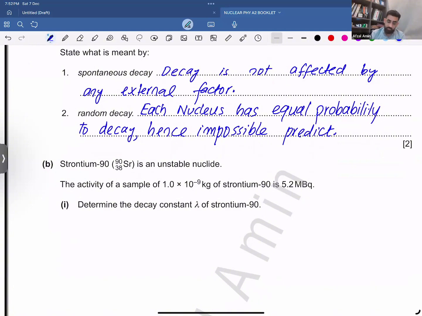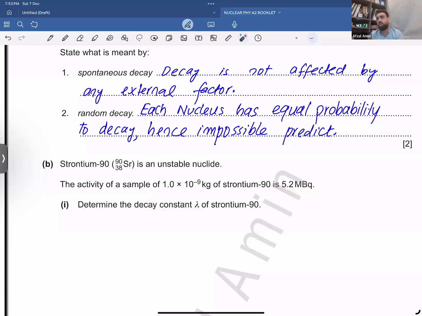After this, strontium 90 is an unstable nuclide. The activity of a sample of 1.0 times 10 power negative 9 kilogram of strontium is 5.2 MBq. M means mega, Bq means becquerel, it's a unit. Determine the decay constant lambda.